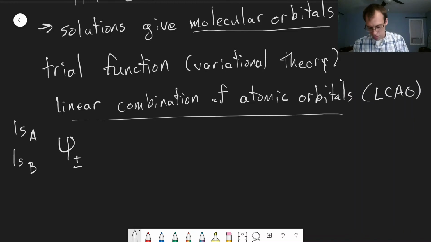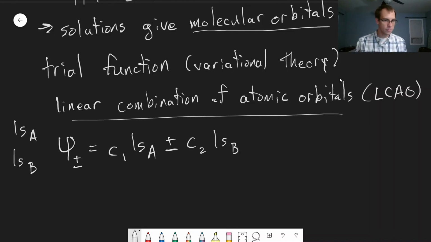So we can make two different wave functions out of this. We'll have some C1, some coefficient, times our 1s orbital on nucleus A, and we can add or subtract some portion of a 1s orbital on nucleus B. All right, and this is a general pattern we'll see, that however many atomic orbitals we put in, that's how many molecular orbitals we get out.